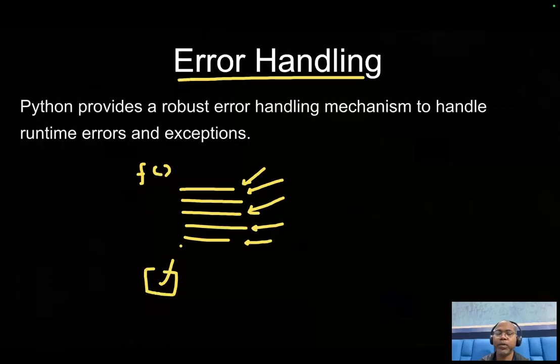But what happens? Let's say this line is done, but this line is not properly executed due to some error, some problem, some exception, unwanted input, or not a valid value.